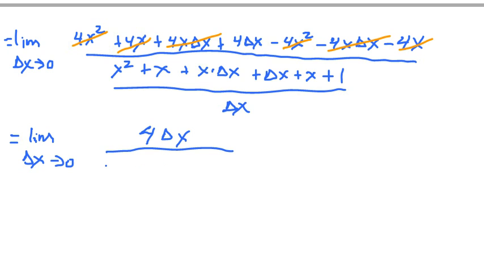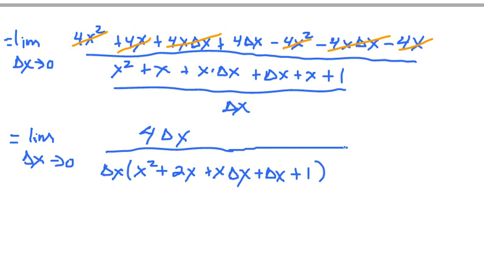Okay, and I'm not going to distribute this delta x across for a good reason. We have an x and an x here. We can combine those actually to 2x. We have an x delta x, okay, plus x delta x, nothing we can do with that, and then plus delta x, and then plus 1.